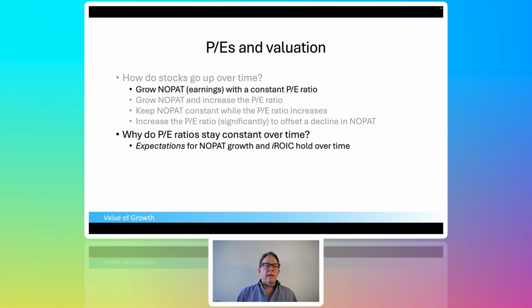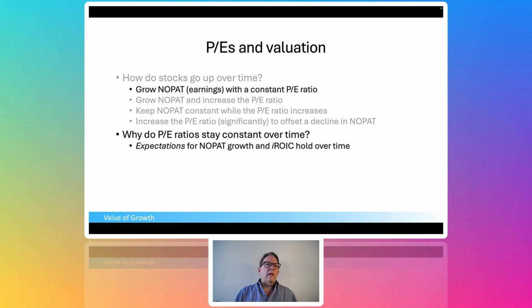Another way of saying it is if you believe that PE is going to stay constant, then you effectively believe that the NOPAT growth opportunity will stay constant. It will not decline over time. And the incremental return on capital will hold, meaning that the quality of the business will hold. Incremental investments will be at the same level of profitability, same level of return as is current in the business.